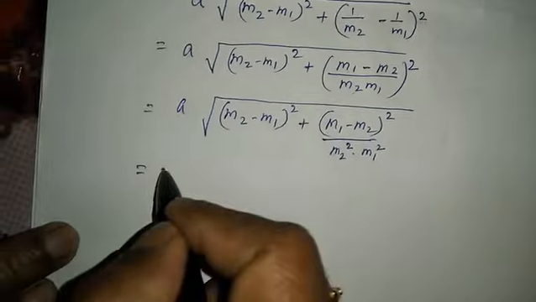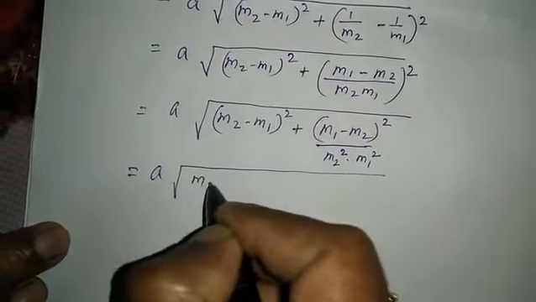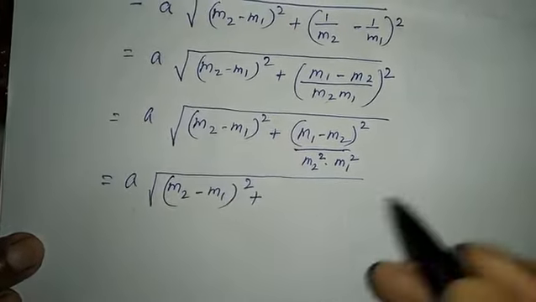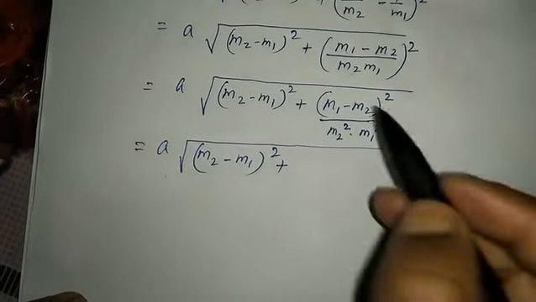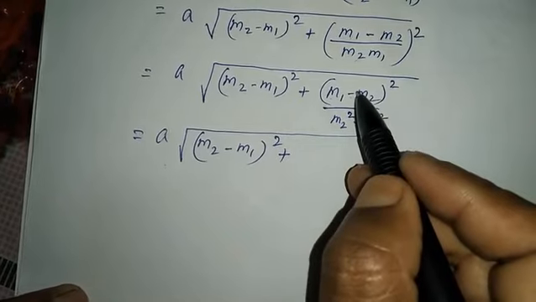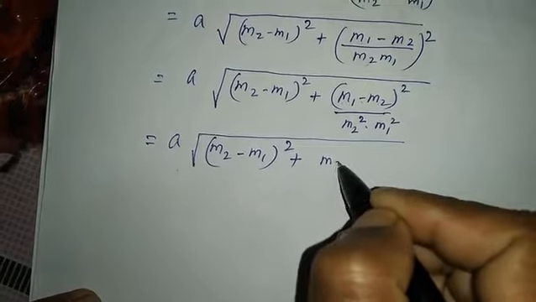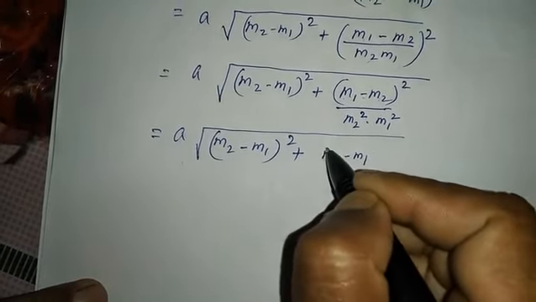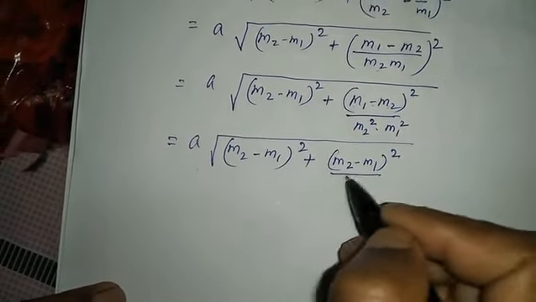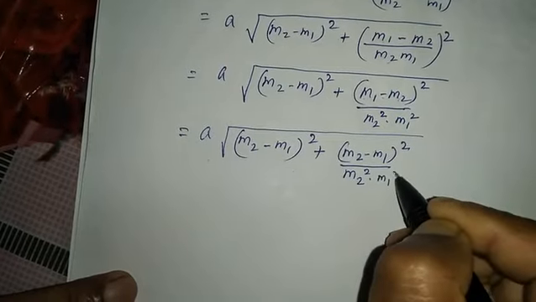That's equal to a into square root of (m2 minus m1) whole square plus, now we need to remember one thing, (m1 minus m2) whole square and (m2 minus m1) whole square are both the same, so it can be written (m2 minus m1) square by m2 square into m1 square.